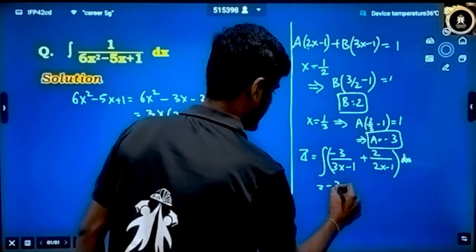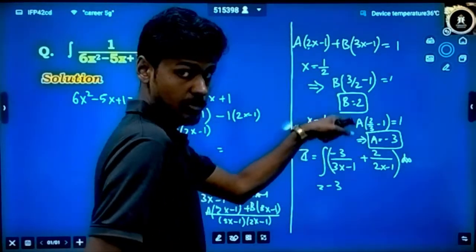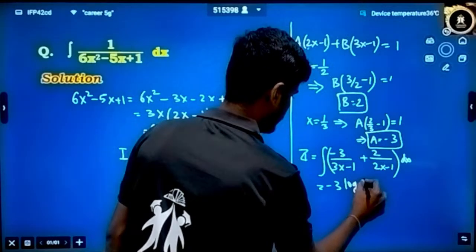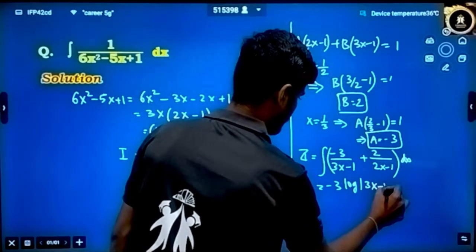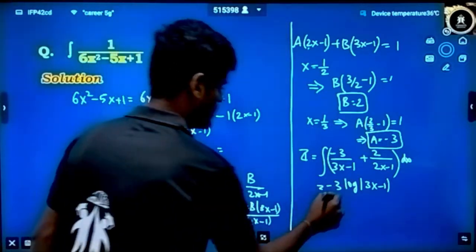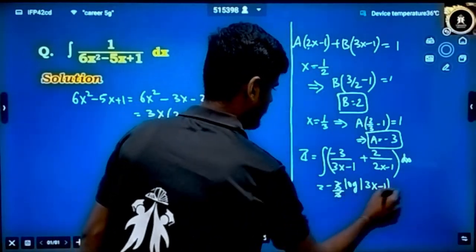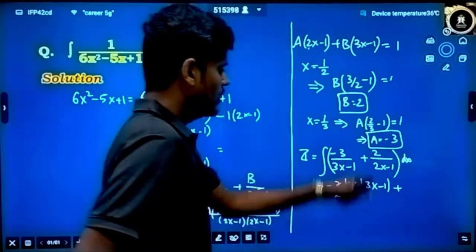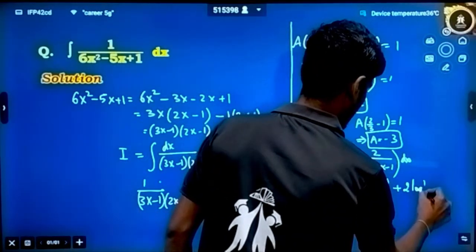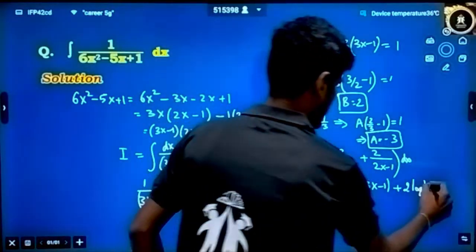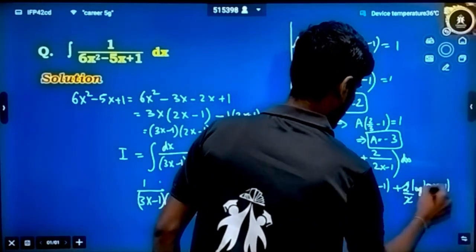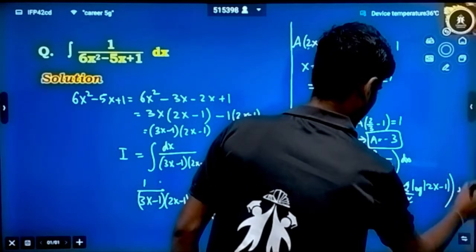This will be minus 3 times the integral of 1 by x, which is log x. So this will be log of modulus 3x minus 1, divided by the coefficient 3, plus 2 into log of modulus 2x minus 1 divided by 2, plus c.